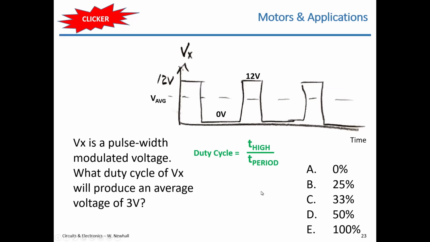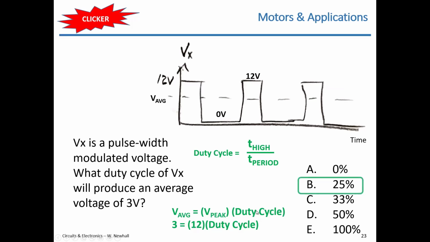Okay, and you can figure out the average voltage by multiplying the peak voltage times the duty cycle for this square wave. So 3 is equal to 12 times the duty cycle. So 25% duty cycle will give you a 3 volt average voltage.